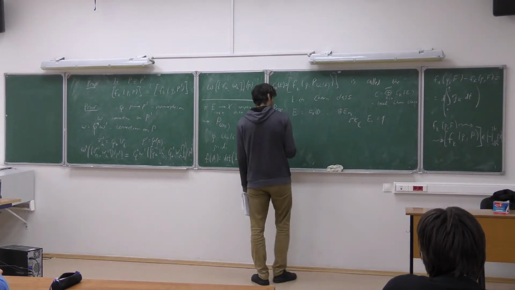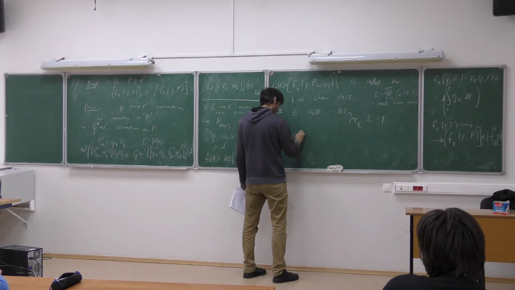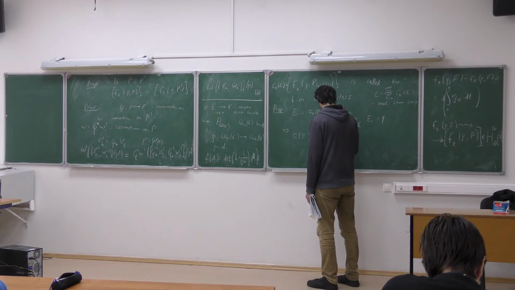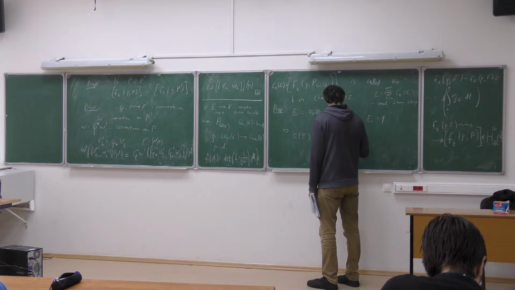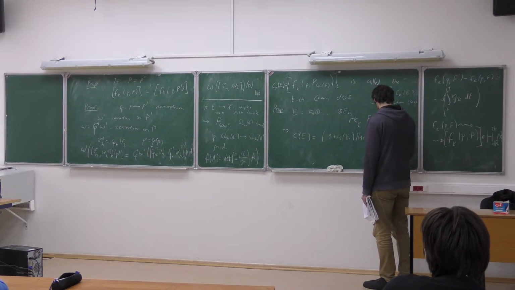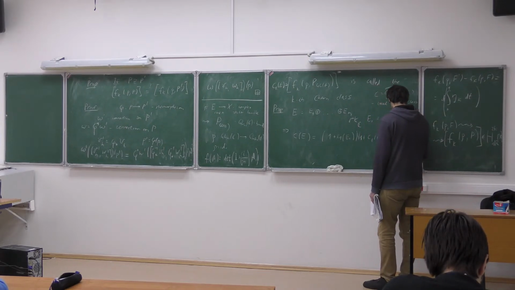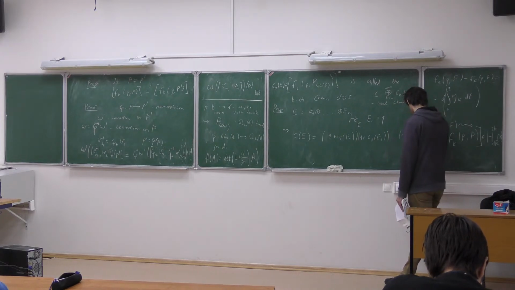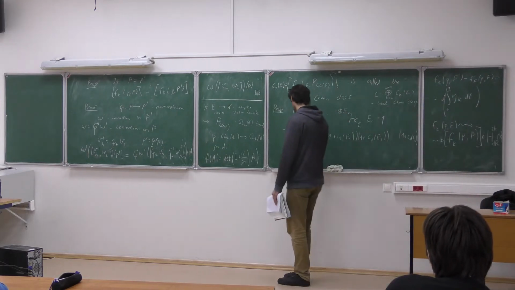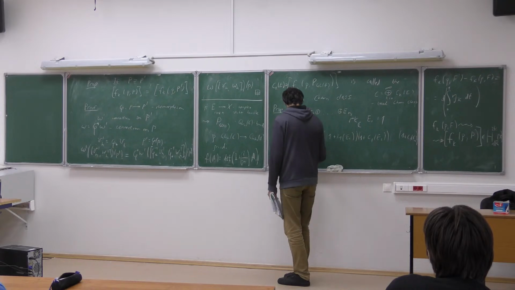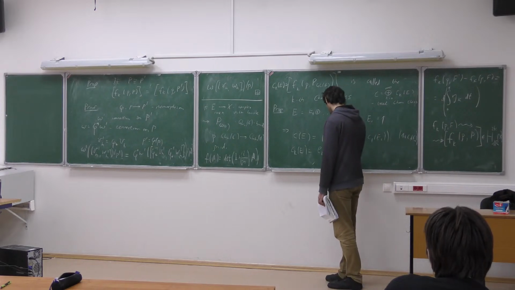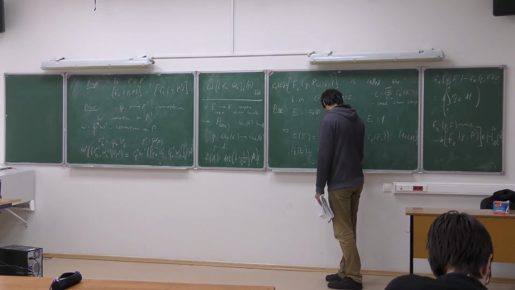And so if E is a direct sum of line bundles, then C of E is actually 1 plus C_1 of E_1, times 1 plus C_1 of E_2, and so on, 1 plus C_1 of E_n. In other words, your C_k of E is the elementary symmetric polynomial, usually denoted like this, in the C_1's of the E_i's.